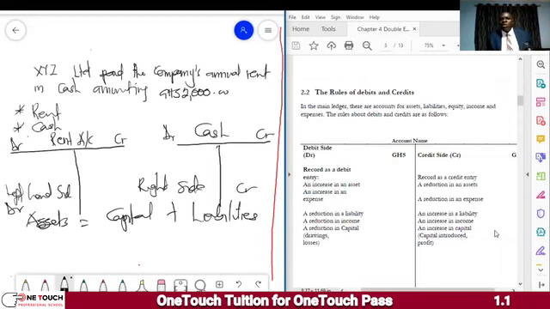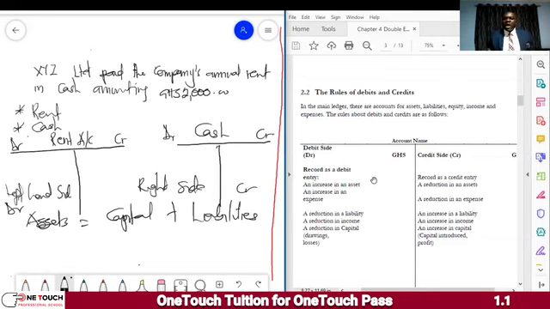Now, when there's a reduction in income, that decrease in income should be recorded at the left-hand side of that income account. And when there's a reduction in owner's equity, that decrease should also be recorded on the left-hand side of that equity account.